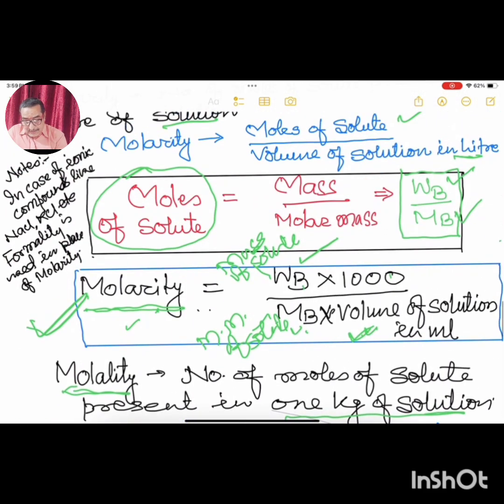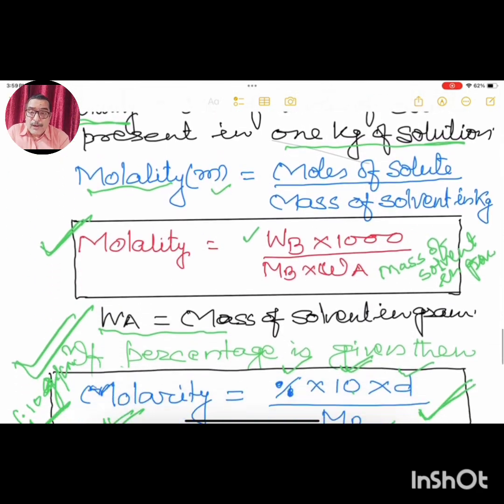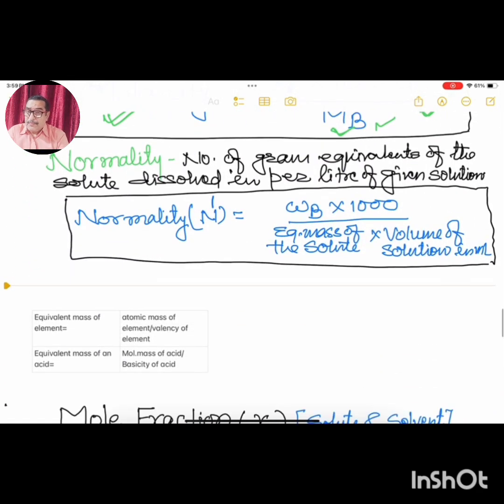Now here one thing is also very important. In the case of ionic compounds like sodium chloride and calcium chloride, we use formality, and in place of molar mass we use formula mass. That is the only difference between molarity and formality.